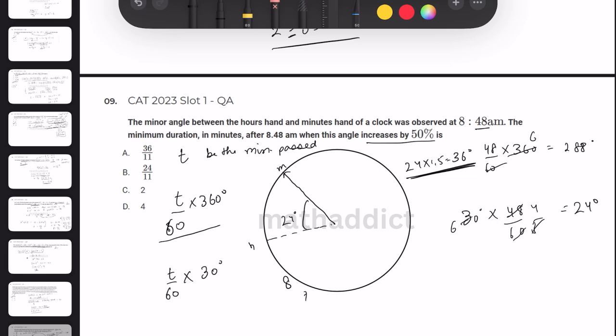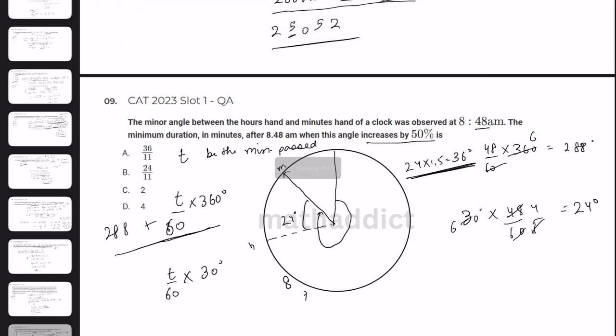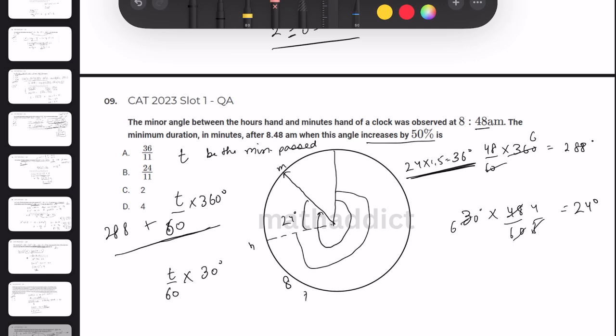So the final angle of the minute hand would become 288 plus this, and the hour hand would be 288 minus 24, which was 264, plus this.